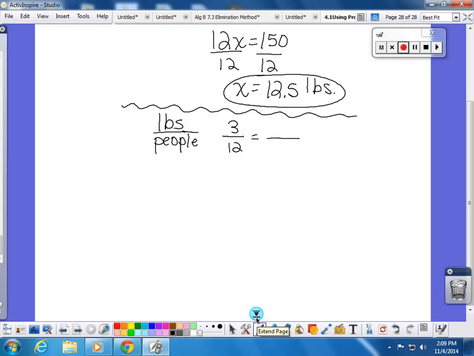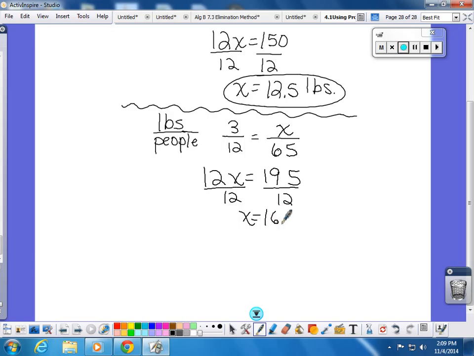Where does the 65 go, JT? The numerator or the denominator? The denominator. It's people, right? Emily, what's the answer? 16.25 pounds. 0.25? Yes, ma'am. Does anybody agree? Good job.